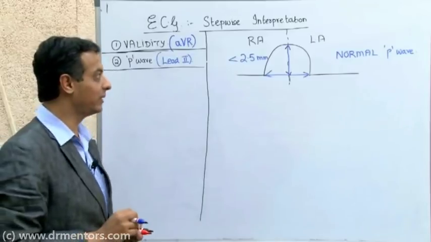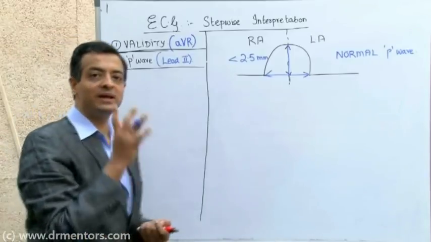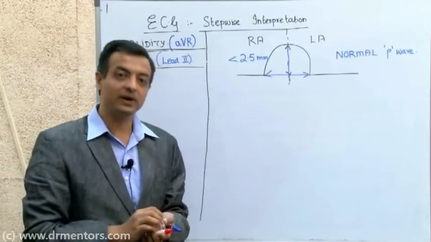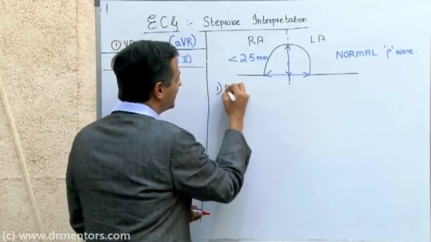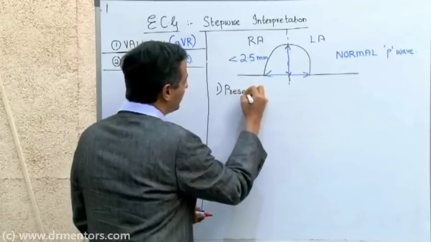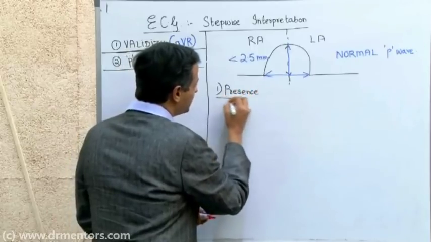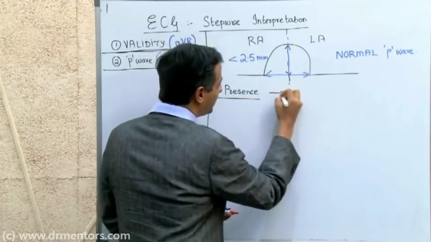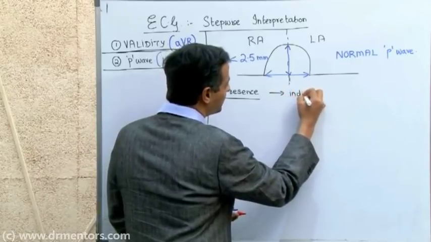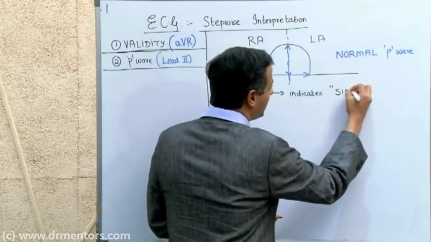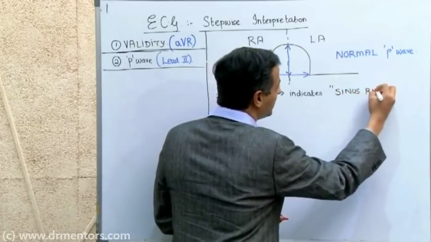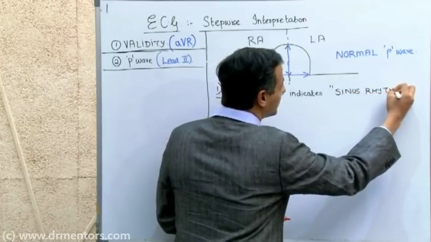Normal P wave. What are the abnormalities? First of all, number one point is the presence of P wave itself. The presence of P wave indicates sinus rhythm. End of story. You can directly confirm.